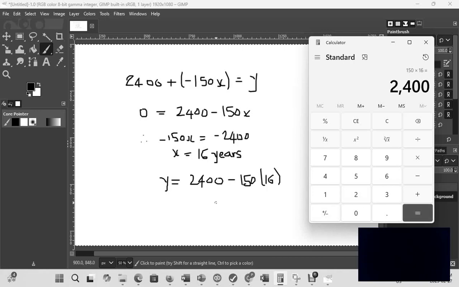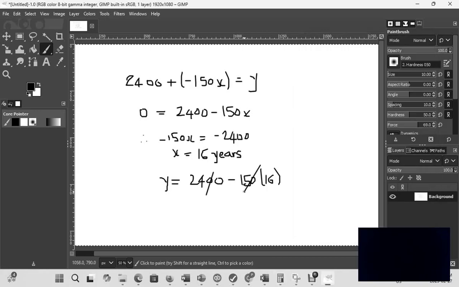This will be 2,400, so 2,400 and 2,400 will cancel out, so your y will be 0. All right, so this is basically how you solve for this example.